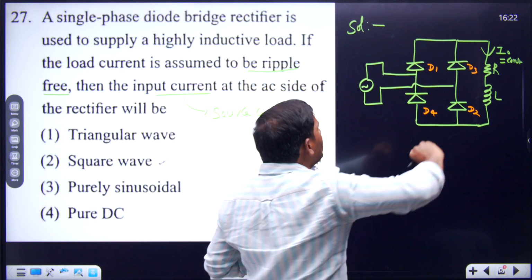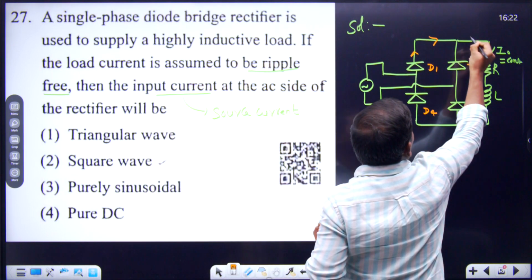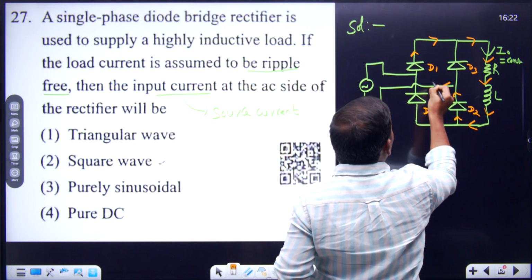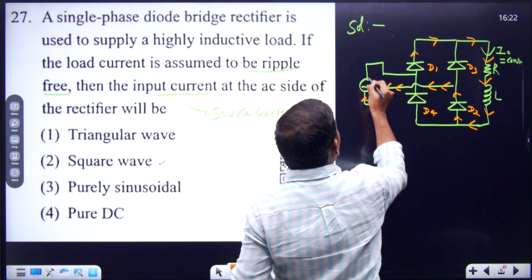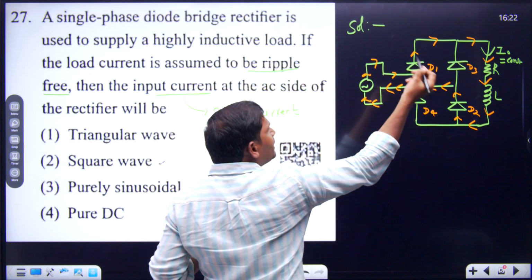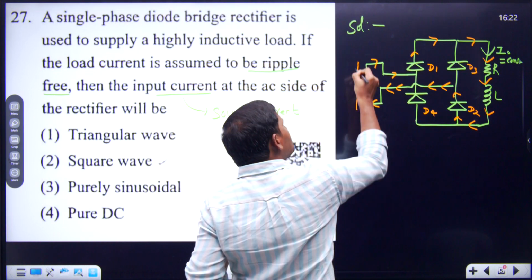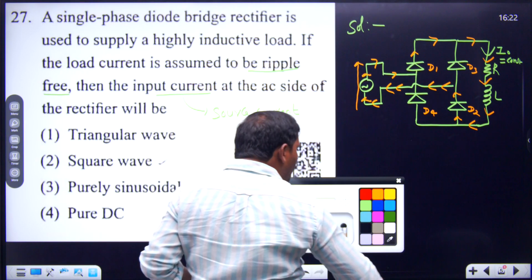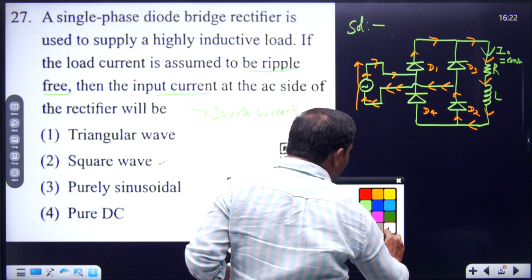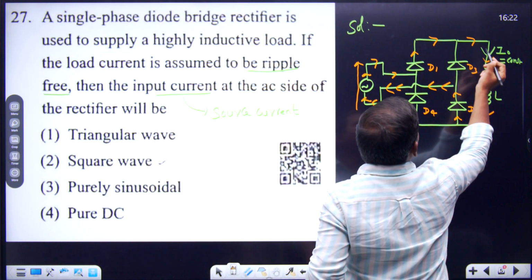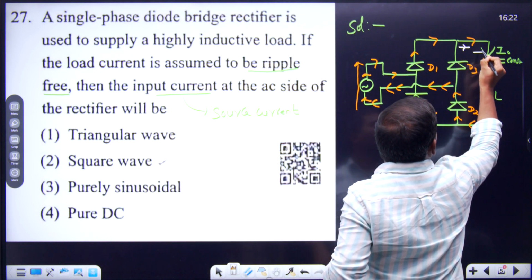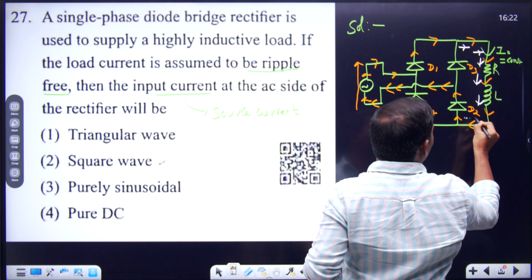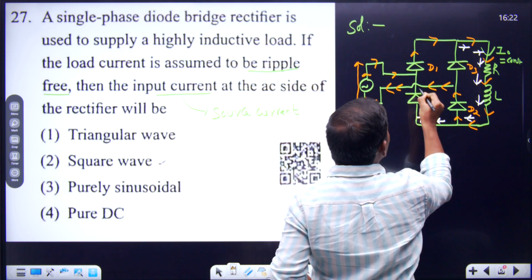If D1, D2 is conducting, with respect to source, see the solution, students. Concentrate. With respect to source, the current is flowing in this direction if D1, D2 is conducting. If D3, D4 is conducting, with respect to source, the current is flowing in this direction.